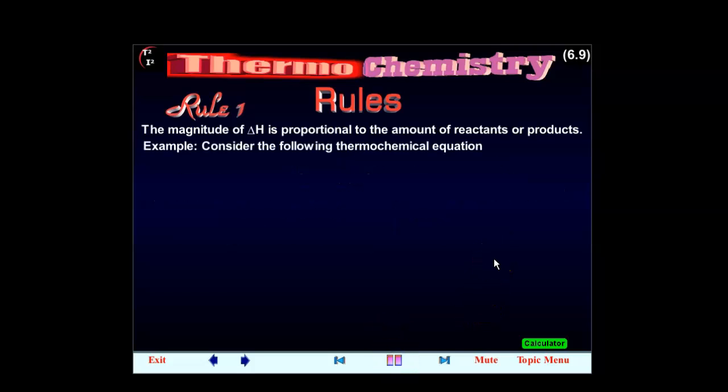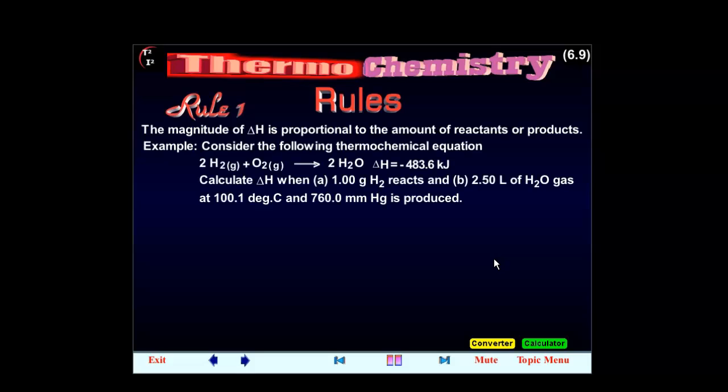Example. Consider the following thermochemical equation. Calculate delta H when A, 1.00 grams H2 reacts, and B, 2.50 liters of H2O gas at 100.1 degrees C and 760 millimeters mercury is produced.